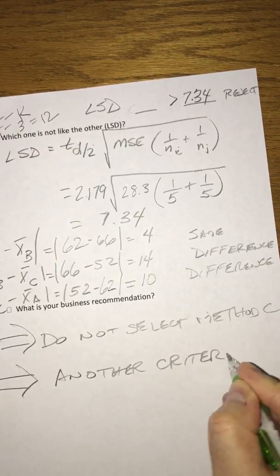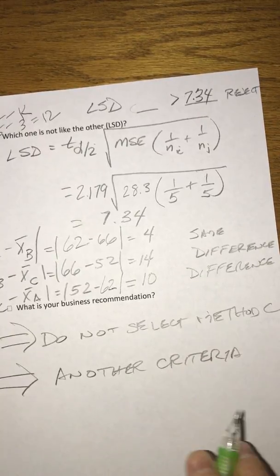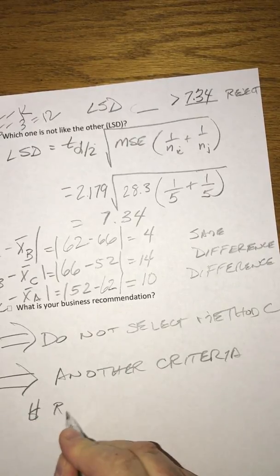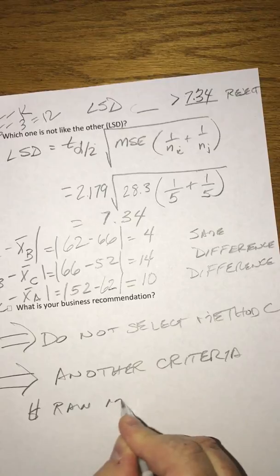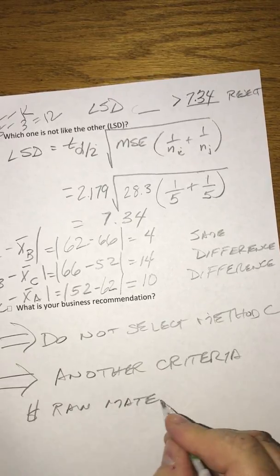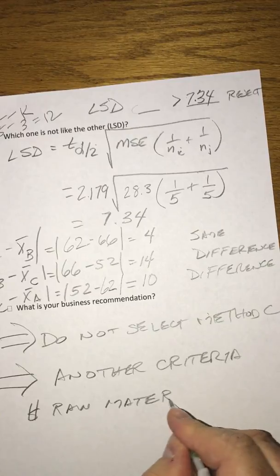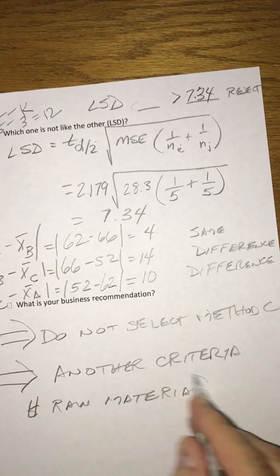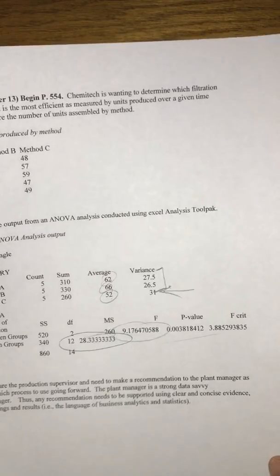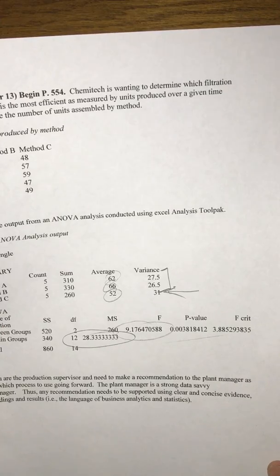A typical criteria there, and you can think outside the box as much as you want here, is you might take a look at the cost for the raw materials to decide between A and B. So you'd have to do a little more analysis to determine if the raw materials were different between A and B, by which to make a sound business recommendation.